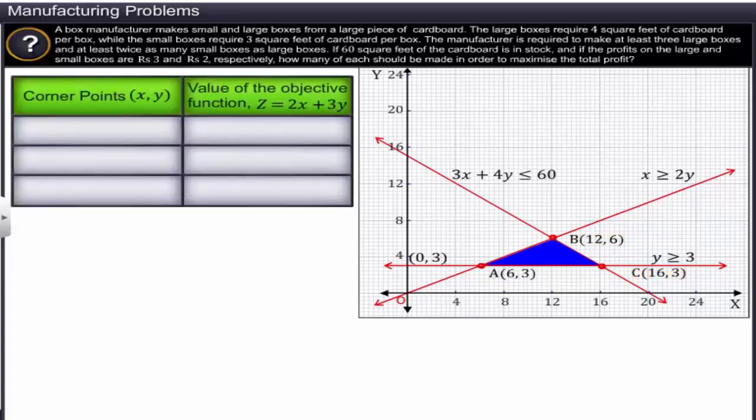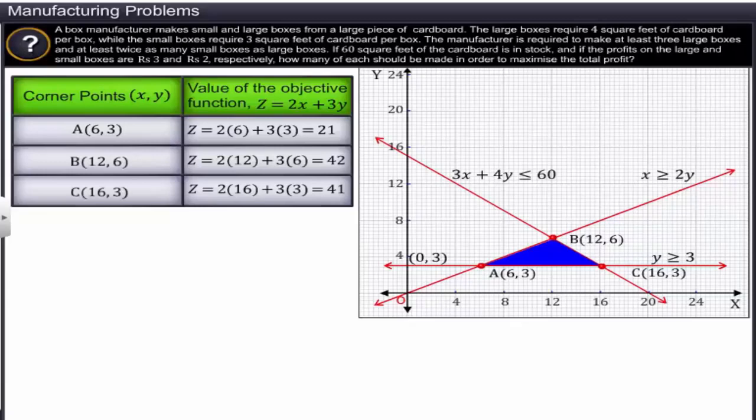Let us substitute the corner points in the objective function. The value of the objective function is 21 at A (6, 3). Similarly, the value of the objective function is 42 and 41 at the points B (12, 6) and C (16, 3), respectively.